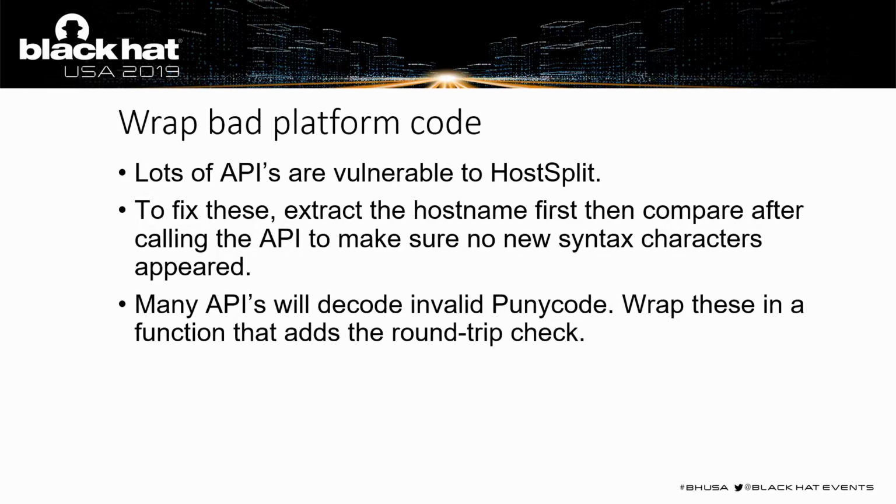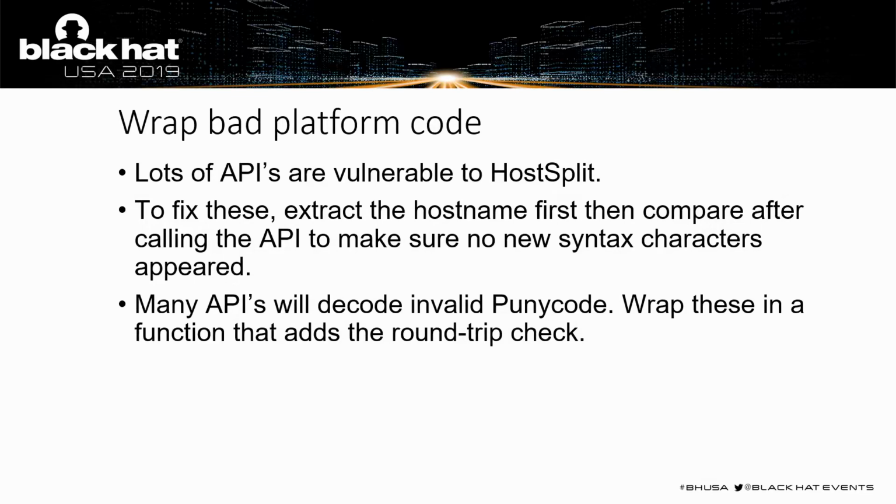For the other side of things, for HostSpoof vulnerabilities, you need to worry about cases where an ASCII URL is being passed to something, maybe just a string, that's going to display it or otherwise deal with it and might convert it to Unicode. A lot of times this is going to be controls of different sorts that you might be using.